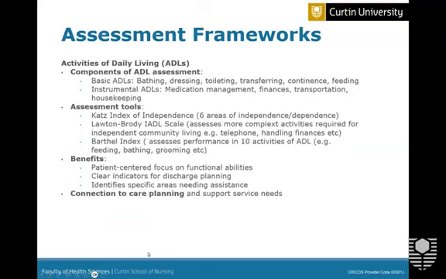And the last one that we have is the activities of daily living framework. And this one here is that we're looking at basic ADL assessment, bathing, dressing, toileting, transferring, continence, feeding of themselves, or instrumental activities of daily living.